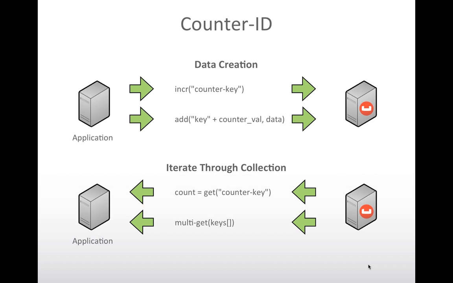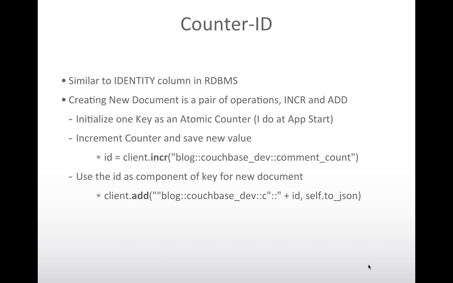So it's really equivalent to identity and sequence. In this case, you just have to initialize the counter, and every time you want to add a new value inside the database, you use the increment command. It's something you will see a lot when you have a master-detail kind of operation.